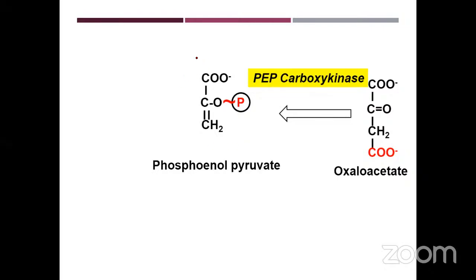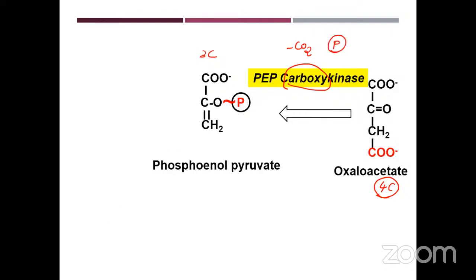Phosphoenol pyruvate and pyruvate are both 3 carbon compounds, but from pyruvate we converted it into a 4 carbon compound, oxaloacetate. It has to be reconverted to a 3 carbon compound. So the enzyme is carboxykinase.